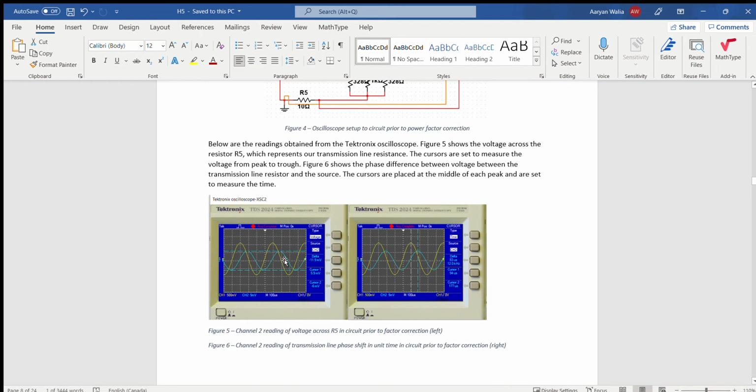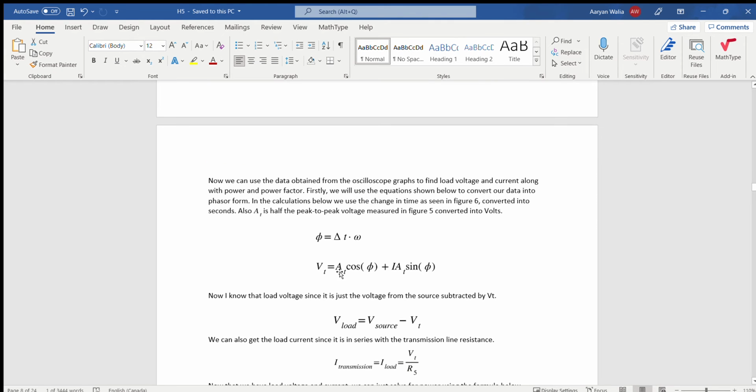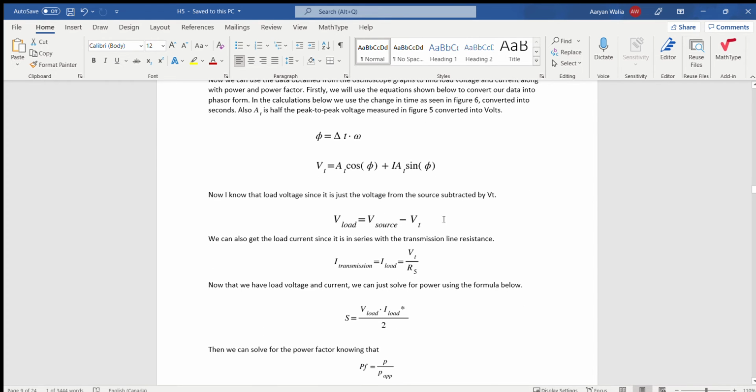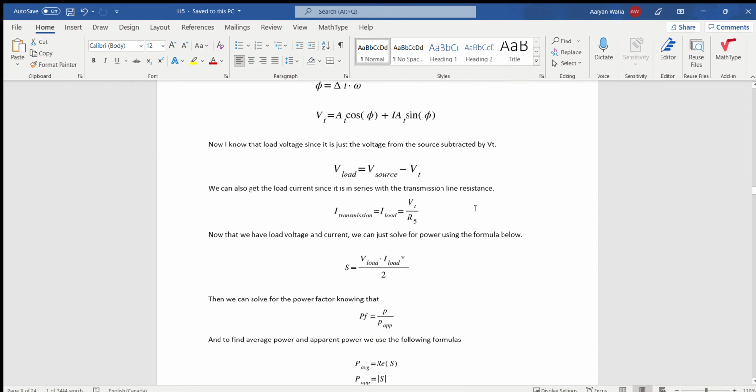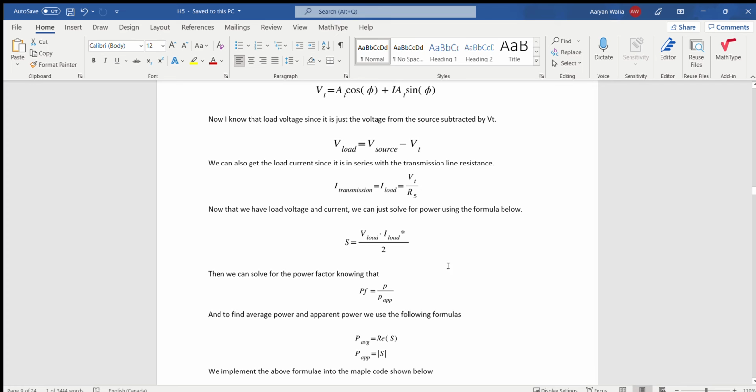And so we can get our amplitude for the transmission line resistance here, and then our time difference between the two voltages. We're going to use the time difference here and then the amplitude over there. We're using a voltage phasor to solve this right now. Basically, we're just going to use these formulas to find the same values as we did before.